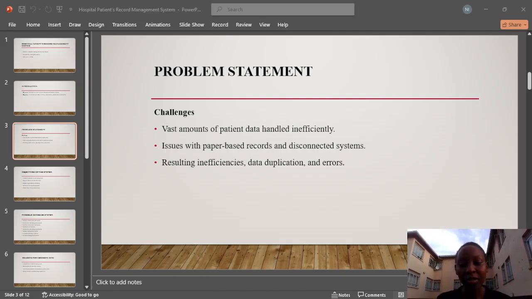Hospitals and healthcare facilities handle a vast amount of patients' data, including personal information, medical histories, and appointments. In many cases, this data is managed through paper-based records or multiple disconnected systems, leading to inefficiencies and data duplication errors. So I decided to come up with a database system.